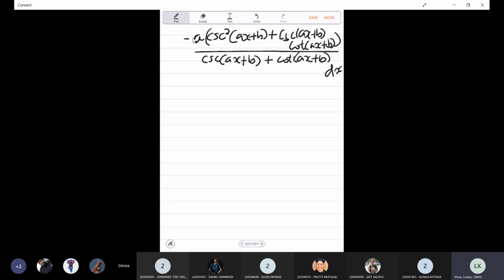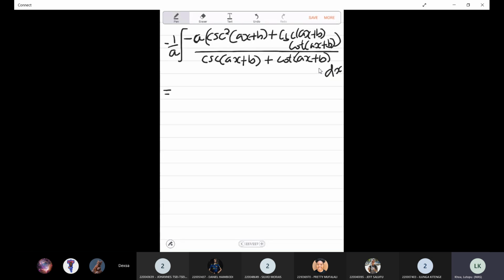So we said a negative is missing, therefore the numerator needs to be adjusted. Okay, so now what we have in the numerator is exactly the derivative of what is in the denominator, and then the integral is just ln of your denominator.